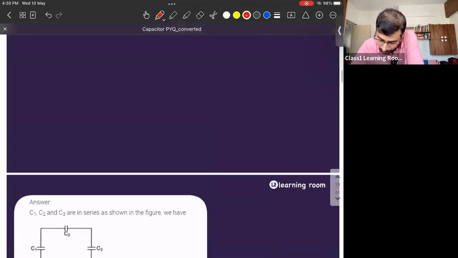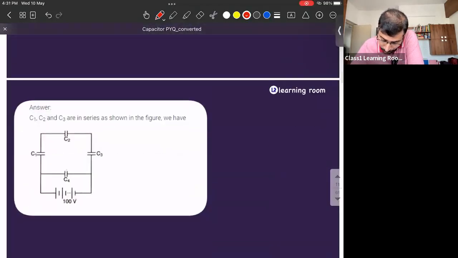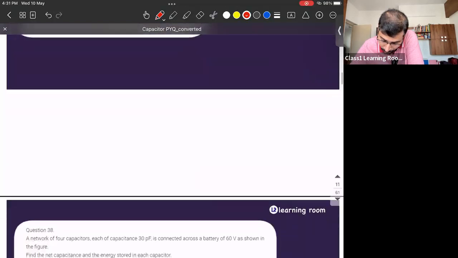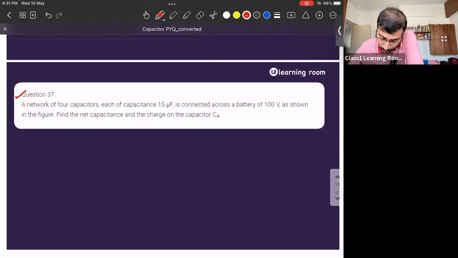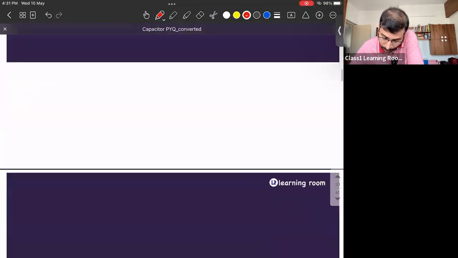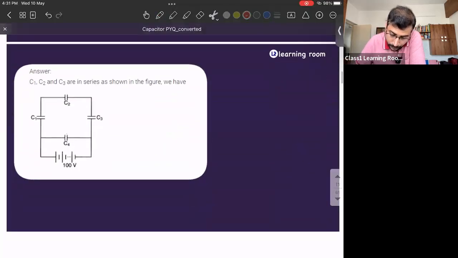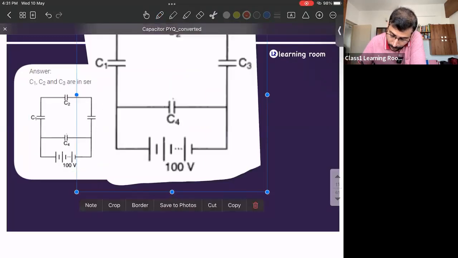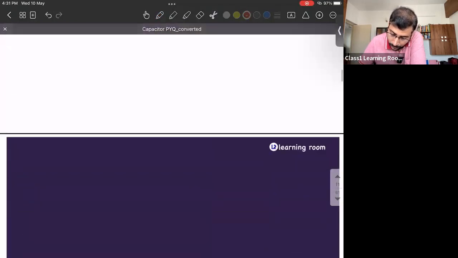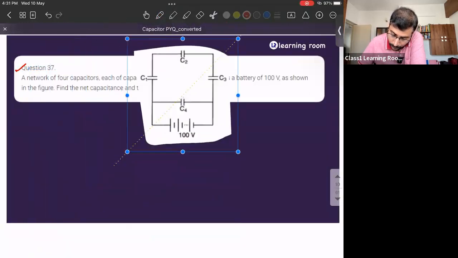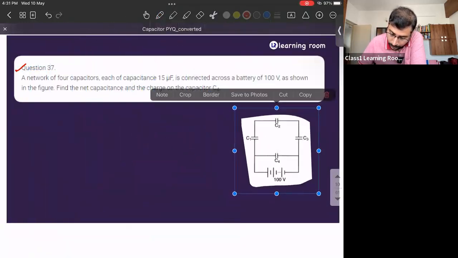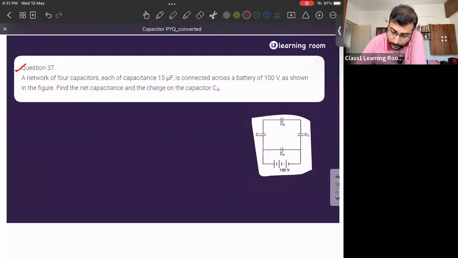Where is the figure? There's the diagram.